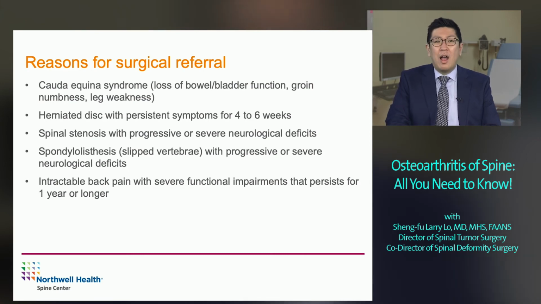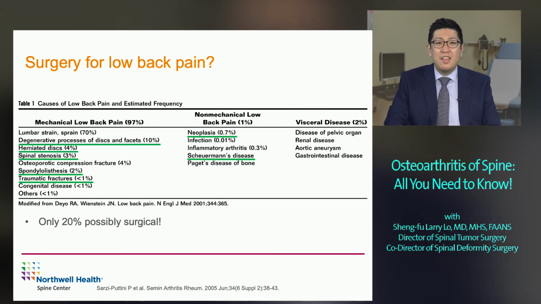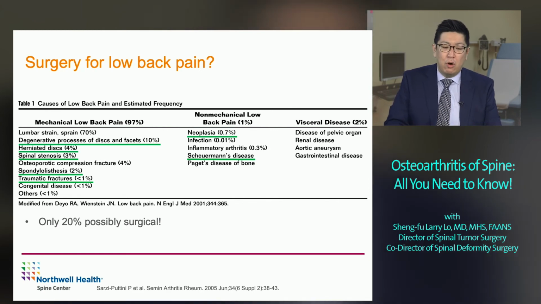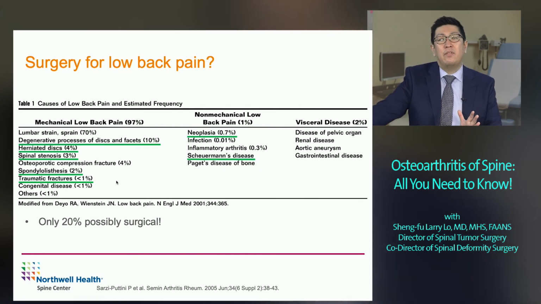The reason we limit surgical referrals to this subset is that a majority of the problems that cause low back pain, we don't really recommend spine surgery for. If you look at the table that I presented earlier, I've underlined in green the ones that might potentially benefit from surgery.